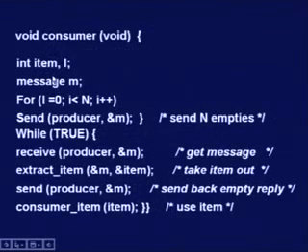The consumer, on the other hand, for i equal to 0, i less than N, sends to the producer N empty packets, and then while true it receives from the producer the message, extracts the item, sends another empty to the producer, and then consumes the item.